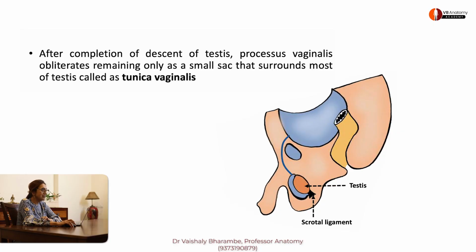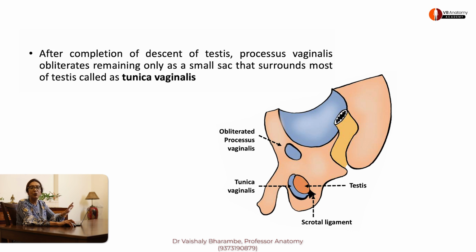So, slowly with time, this processus vaginalis regresses. The testes, as you can see, has reached the floor of the scrotum. It is attached in place with the help of scrotal ligament, and the processus vaginalis slowly disappears. Only a little bit of it remains distally as tunica vaginalis.